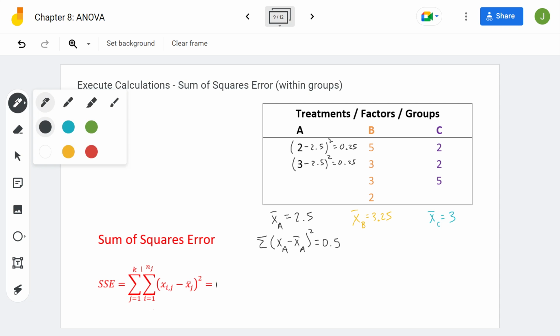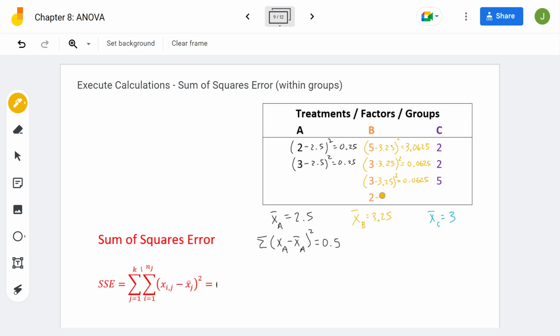Now I move to column B. So I take 5 minus 3.25, and I square that. When I do that, that comes out to 3.0625. Then this is going to be 3 minus 3.25. I'll square that, and that comes out to be 0.0625. Then again, we have another 3 minus 3.25, which again will be 0.0625.